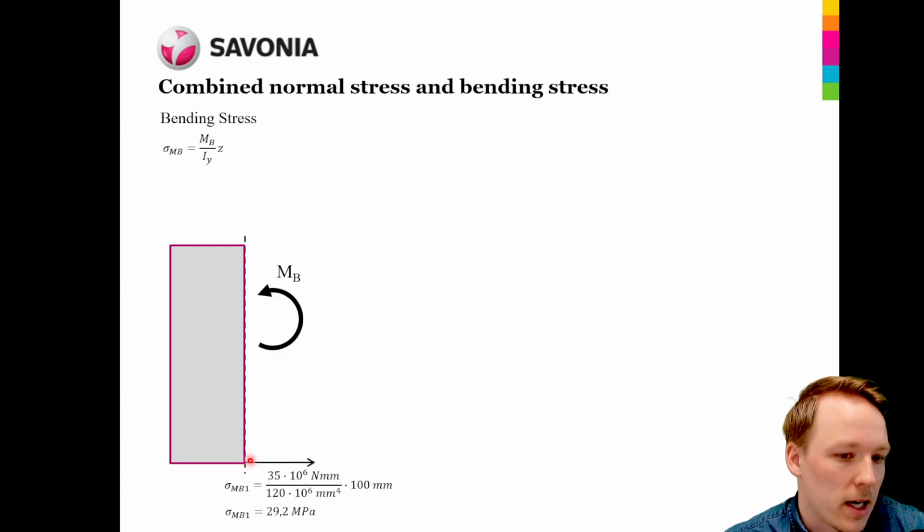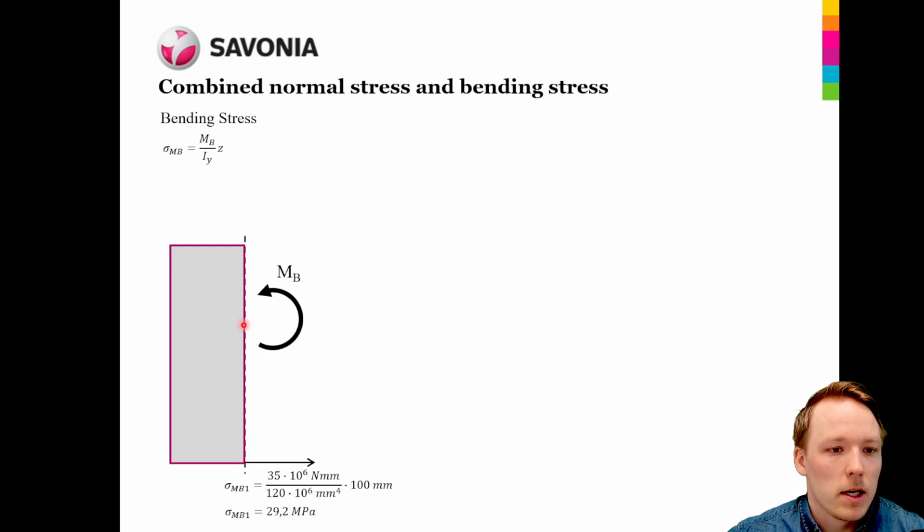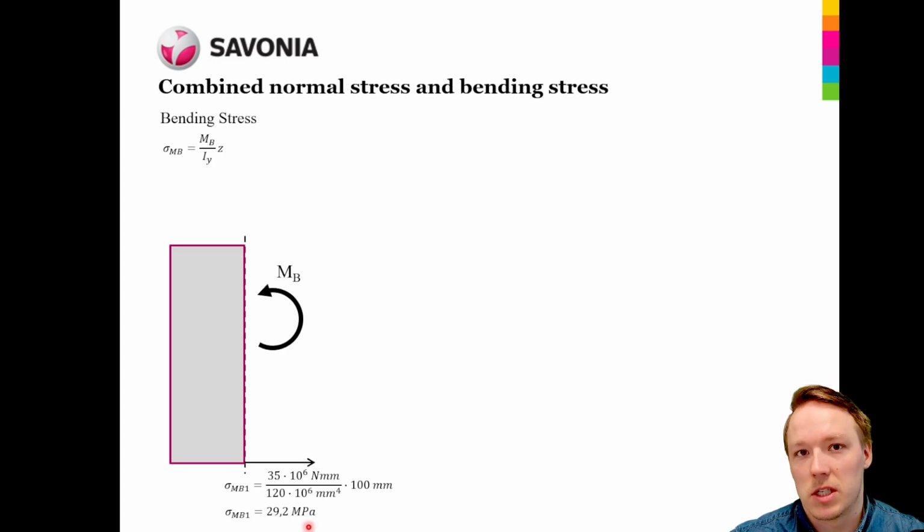Let's start by calculating the stress at the bottom of the profile down here. The distance from the neutral axis to the bottom of the profile is 100 millimeters in the positive Z direction, and therefore the stress at the bottom of the profile will be 29.2 megapascals, and the sign of the stress is positive, which means that the stress is tensile.